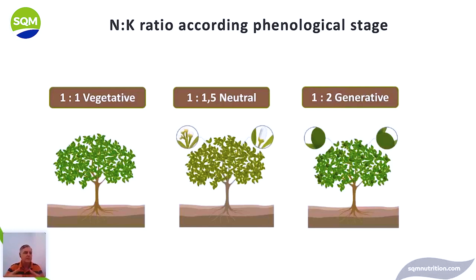And then we have bigger fruit size, coloring, Brix, sugars, all these things. So that is a general concept of mineral nutrition that we can pay attention to and check according to the phenological stage, to see if I am applying the right balance between the minerals. In this case, between nitrogen and potassium, which, as we saw, are the nutrients required in the highest amount by the citrus crop.